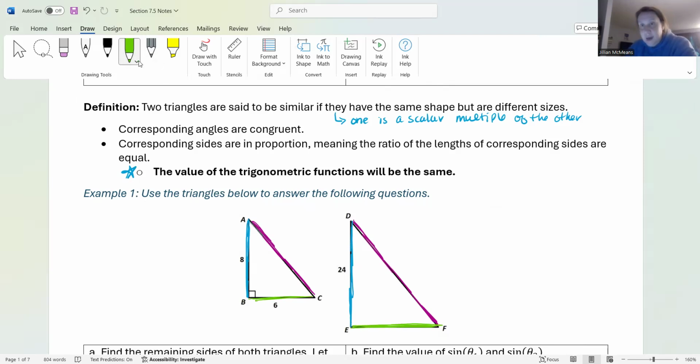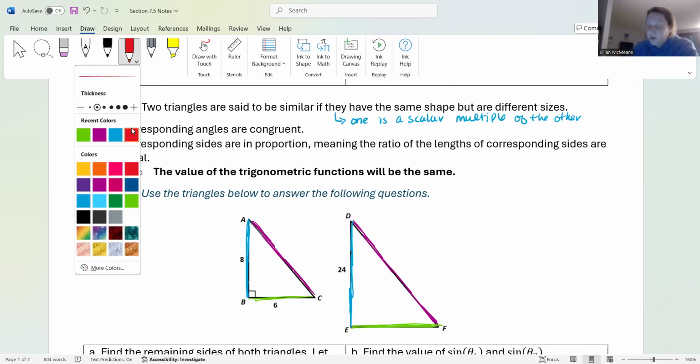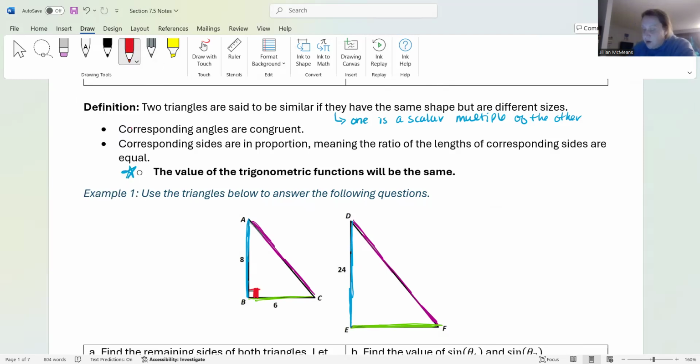Okay. Now the angles also, when we talk about corresponding angles, they're going to be in the same location from one triangle to the next. So the first one, it's pretty easy. We know we've got our right triangle. So this is our right triangle. So again, they're in the same spot. Okay. Now, as for the other angles, the top angle, let's call it theta 1.